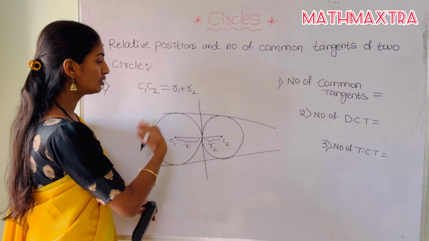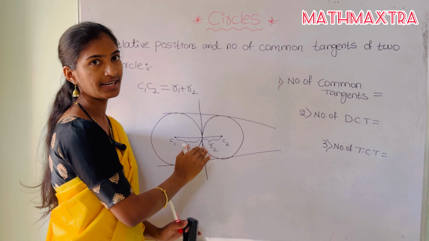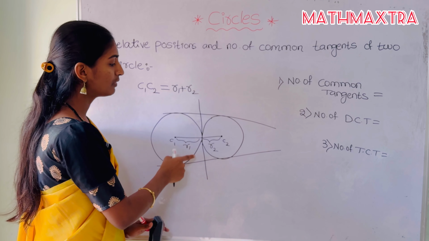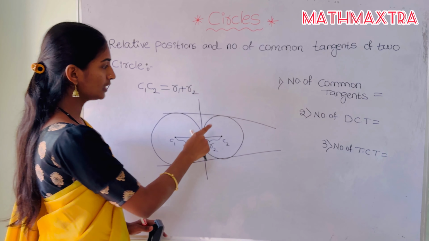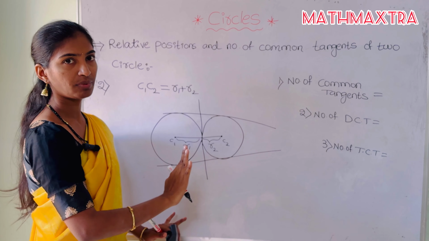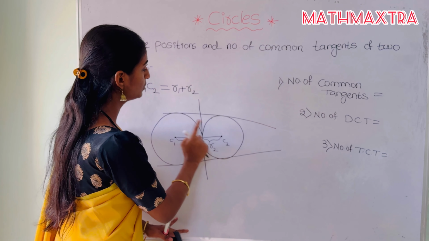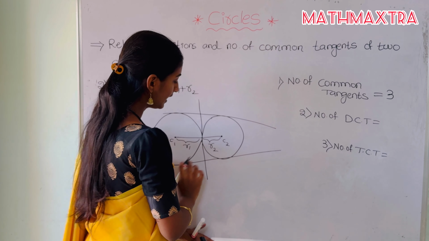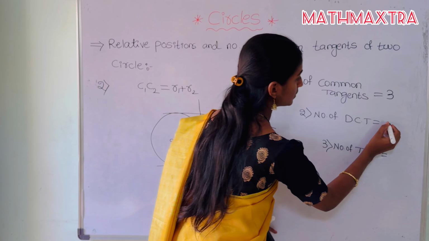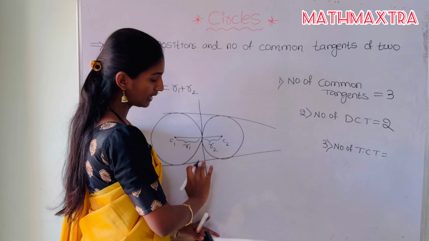No, because the two circles touch each other externally, there is only one possibility. So the total number of common tangents is 3: the direct common tangents are 2, and the transverse common tangent is 1.